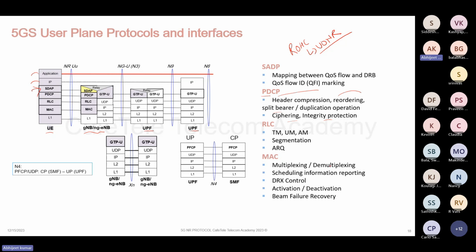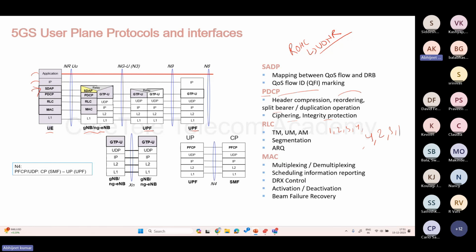Now here we can see reordering, because each and every packet has some sequence number. If you are transmitting packets with sequence numbers 1, 2, 3, 4, and while transmitting, the packets go 4, 2, 3, 1, you have to reorder the packets so that the other side receives them in sequence.